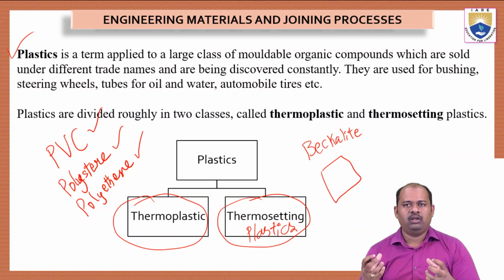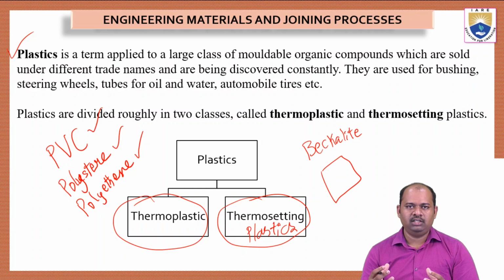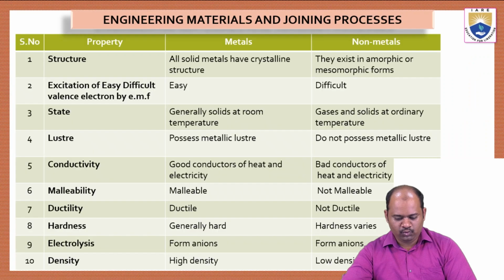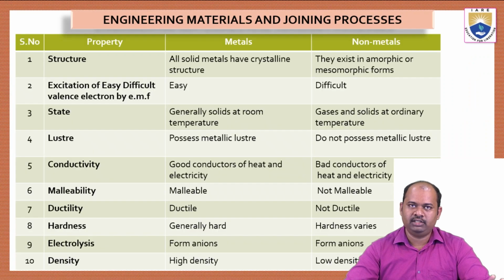So when we talk about thermosetting or thermoplastic, we mostly deal with heating of plastics. When it regains its original position when cooling, it is called thermoplastic. When it does not regain its original position and shape, then it is called thermosetting plastic. So these are the two classifications of plastics.